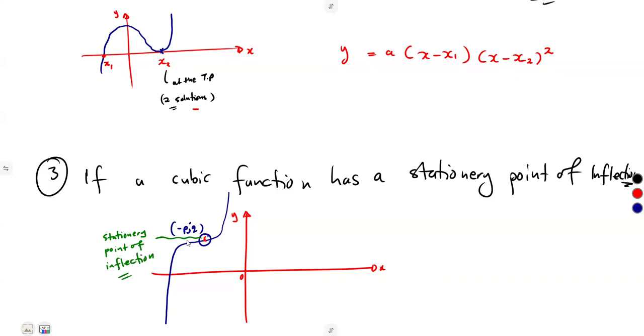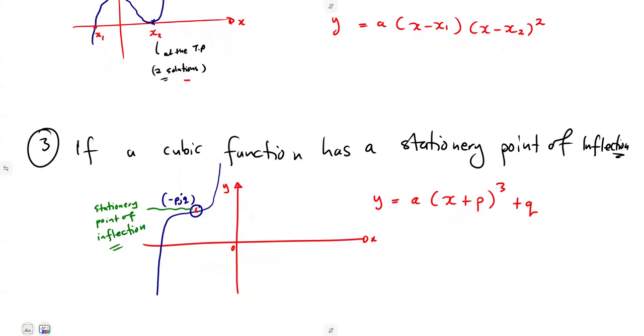For this case, to obtain the equation of our cubic function, it follows that y is equal to a into x plus p. It was a negative. The moment you substitute here, it will be positive p, to the exponent of 3. Then the q, you just rewrite as it is. All right? So the x value changes the sign.